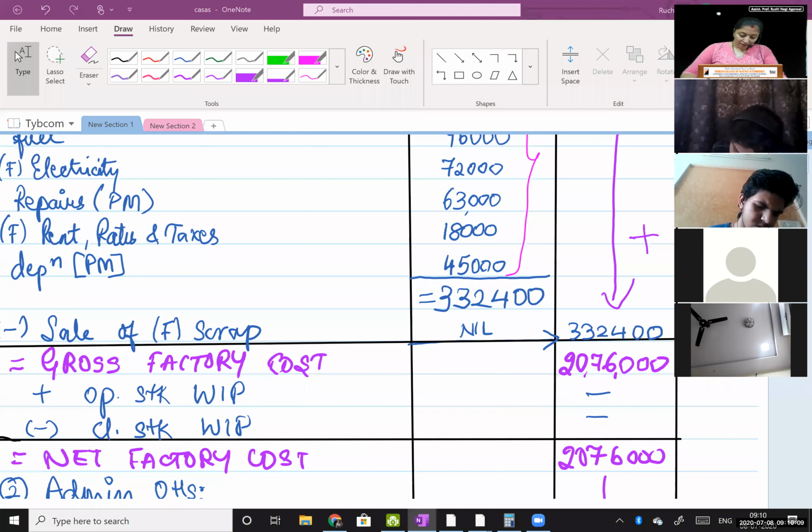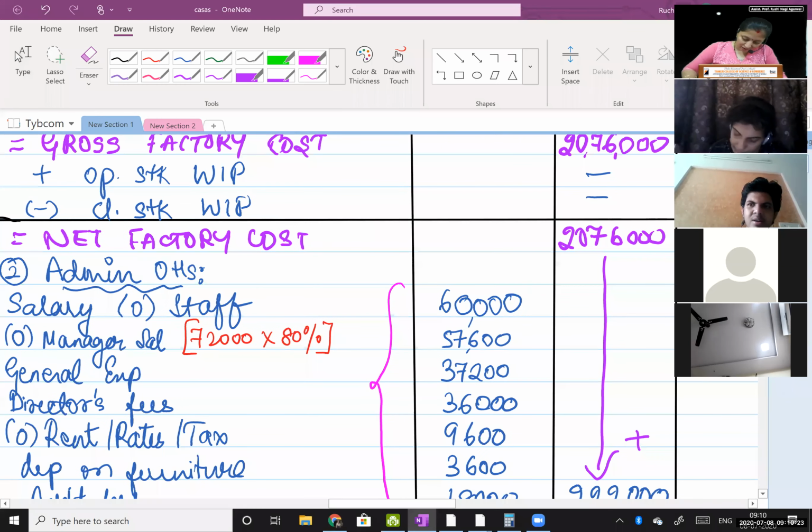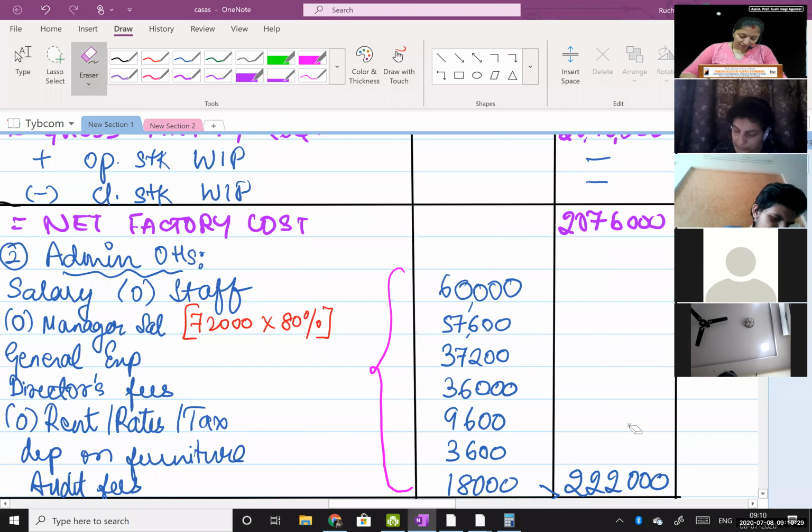Good. Next, factory is done. Now comes administrative overheads. So come to the next list. This is the list, admin overheads. You have office salary 60,000.